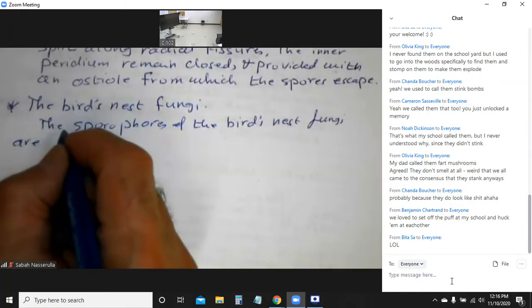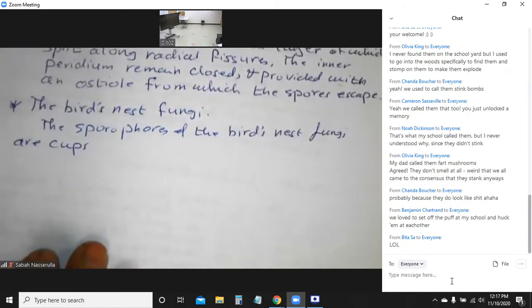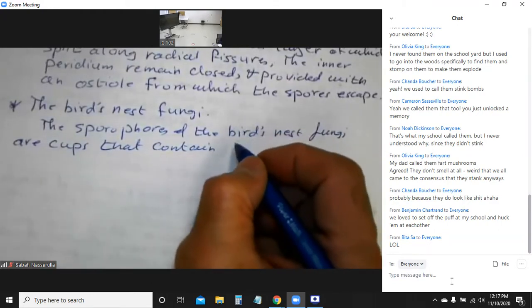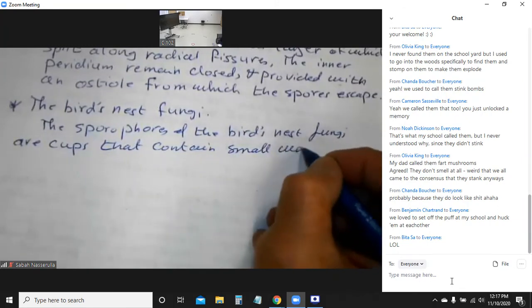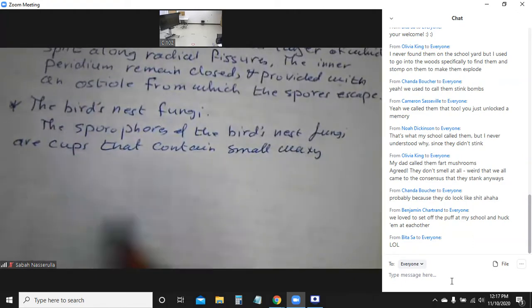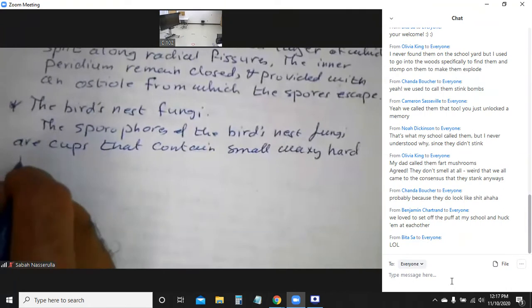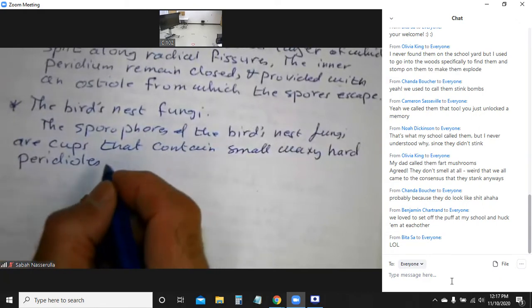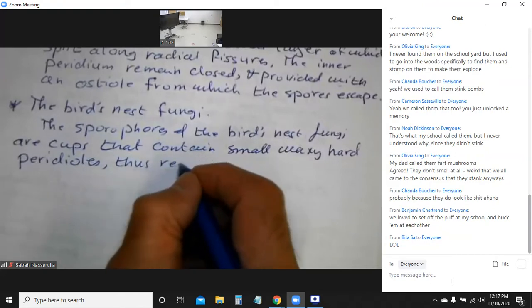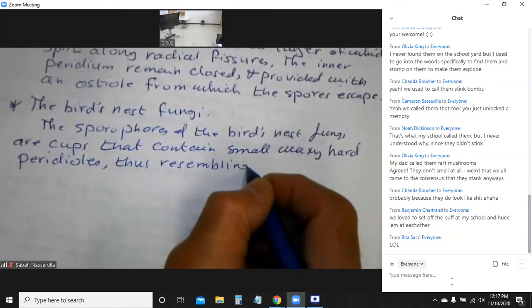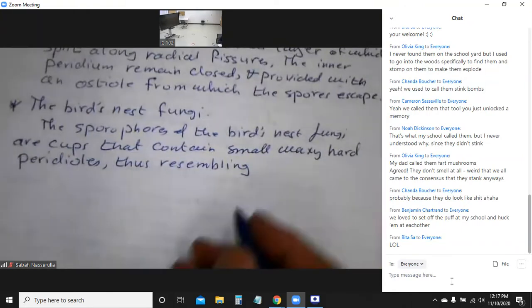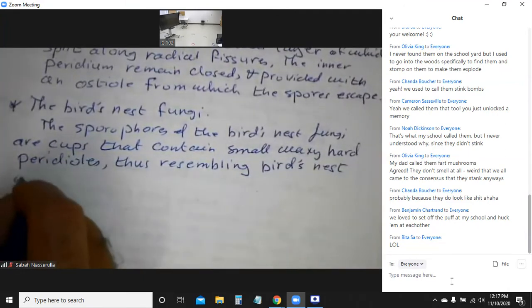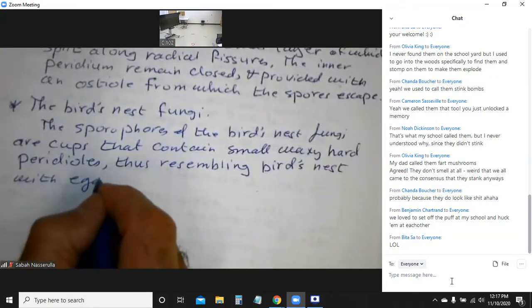Cups that contain small, waxy, hard peridioles, resembling a bird's nest with eggs.